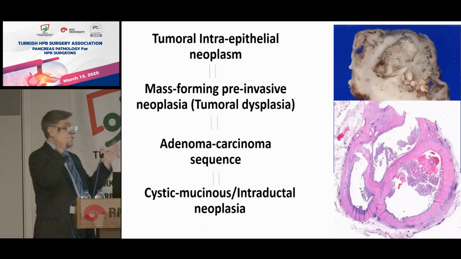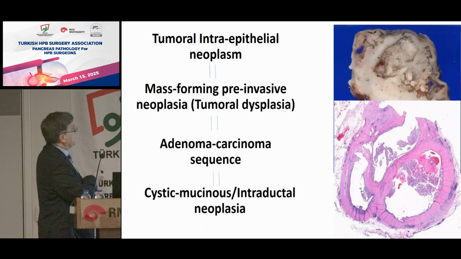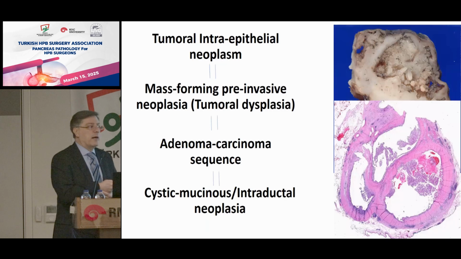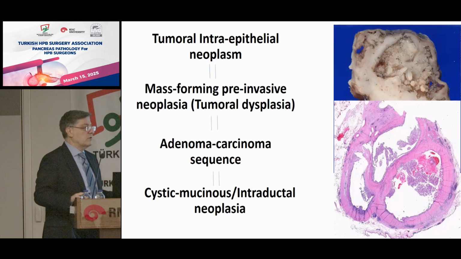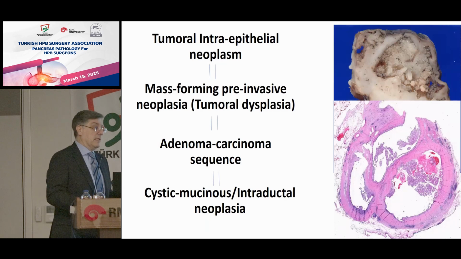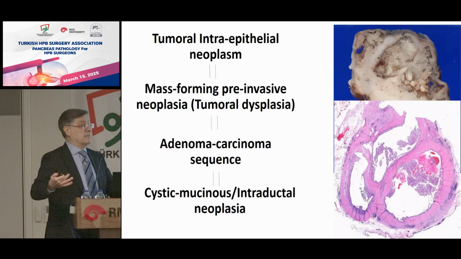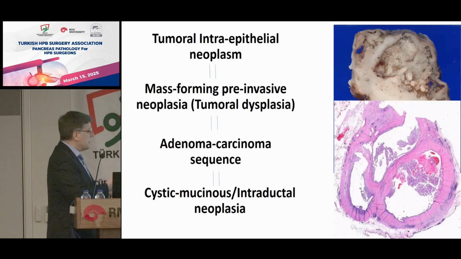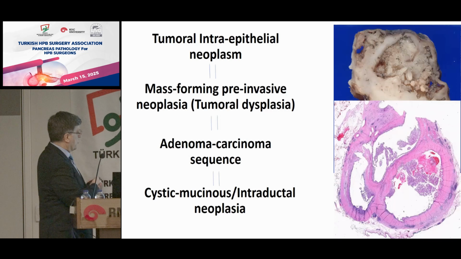Let's start with the concept first. Tumoral intraepithelial neoplasm. What do we mean by that? Dysplastic cells forming large masses, just like an adenoma in the colon. But unlike adenomas in the colon, they are growing in the ductal system typically, so they cause cysts. So cystic and intraductal neoplasia is this group. Again, adenoma-carcinoma sequence.